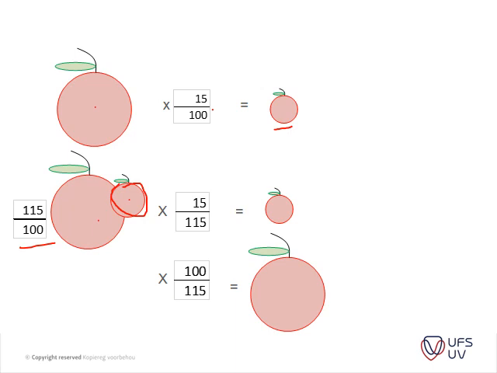So the easiest way is to use the total number, which is 115 here, and you want to take 15% out of it. Then you times that, and you get the full 15%, and if you subtract this from this, you will get this.